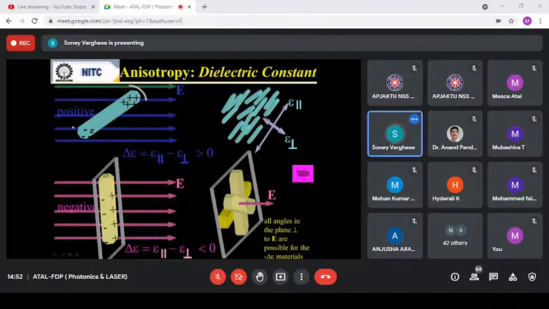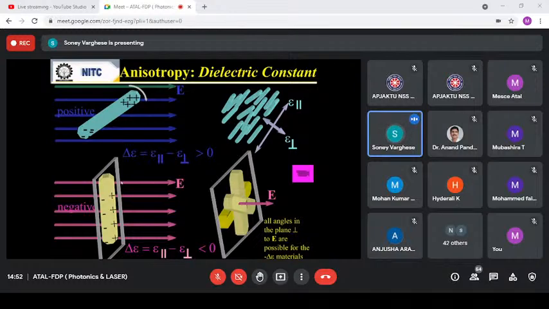So we have negative as well as positive anisotropic liquid crystals available, depending on the application. For example, if you are using in-plane switching, in that case we are using a positive dielectric constant material, whereas for vertical alignment displays we are using a negative dielectric constant material.